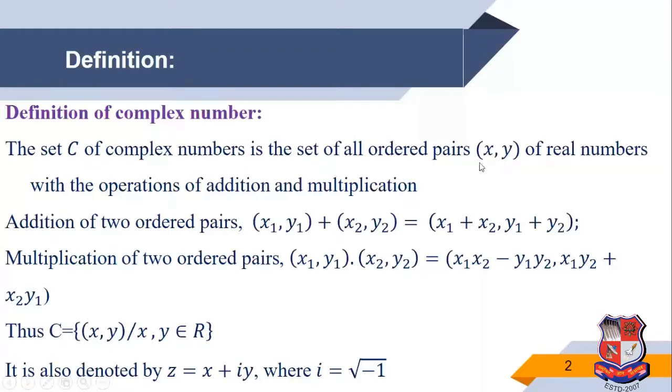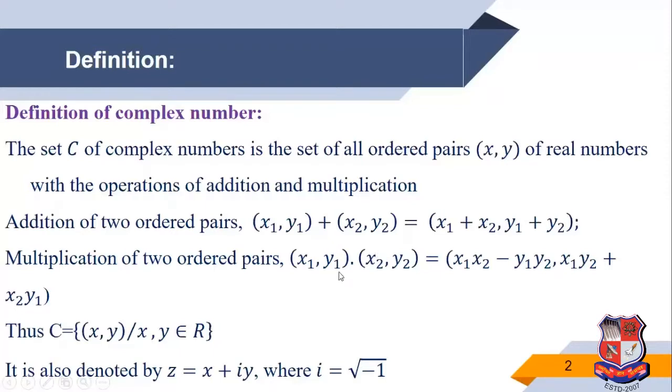Addition of two ordered pairs (x1, y1) plus (x2, y2) is equal to (x1 plus x2, y1 plus y2), and multiplication of two ordered pairs (x1, y1)(x2, y2) is nothing but (x1 x2 minus y1 y2, x1 y2 plus x2 y1).